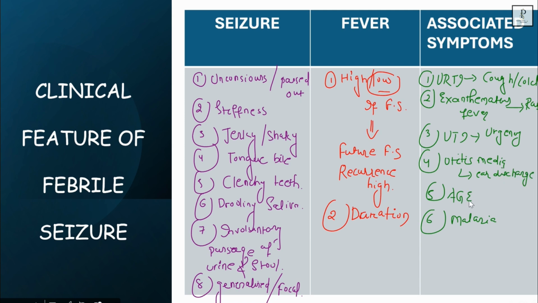Okay. If it is acute gastroenteritis, the child will present with loose motion and vomiting. So these are the symptoms. Symptoms are of seizure, of fever, or any associated symptoms.